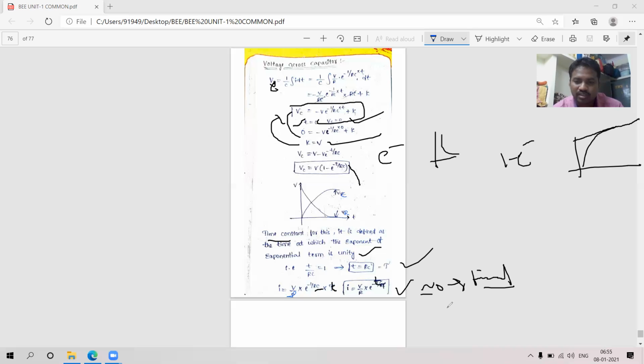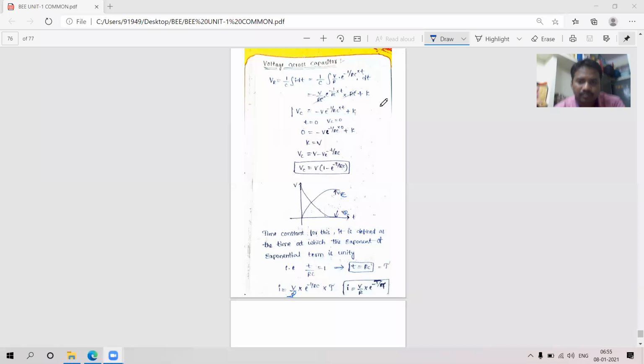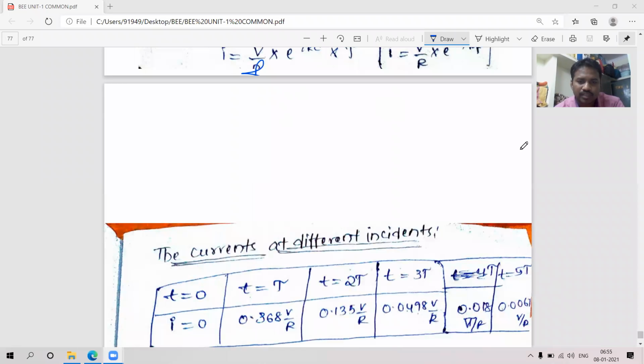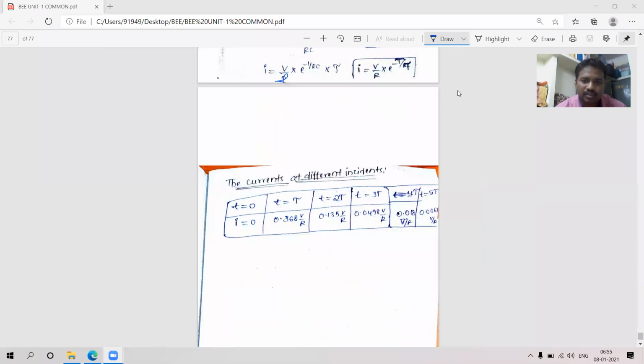Now when you substitute t equal to 0, let me show you. In the above equation, minus t by tau, when t equal to 0, e power of 0 is what?